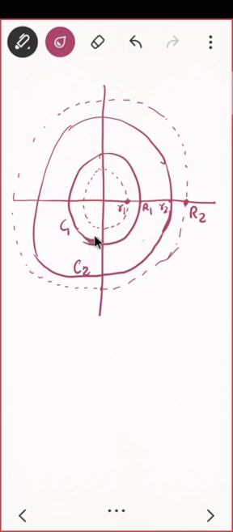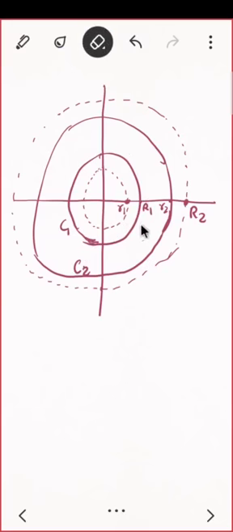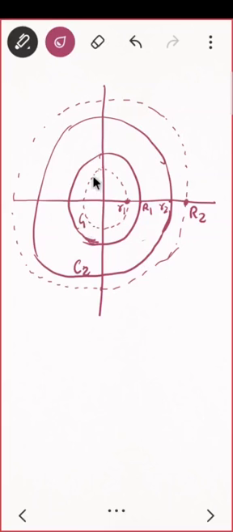So the radius for C1 should be R1. This is my C1, that is the inner part with radius R1.